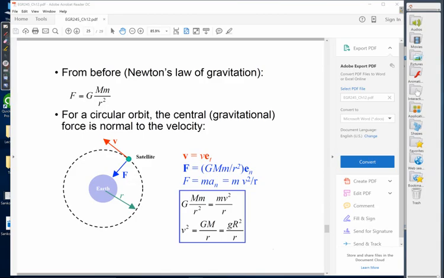For that given velocity, there is a prescribed distance. So it's one or the other. You cannot choose both. That's the thing about circular orbit: there's no choice. If I choose my velocity, then I can't choose my distance. If I choose my distance, I can't choose my velocity.